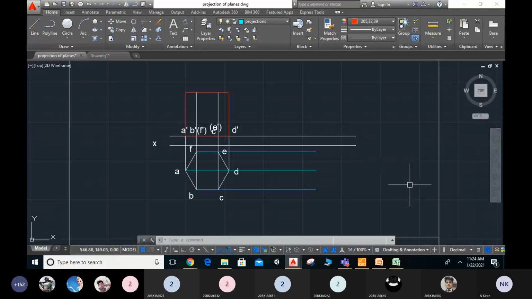Draw its projection. Resting on VP. If I am saying resting on VP, what it means is we have to draw the pentagon shape in which plane? VP. In VP, we have to draw the pentagon plane and we have to project that one and we can get the rectangle like this.